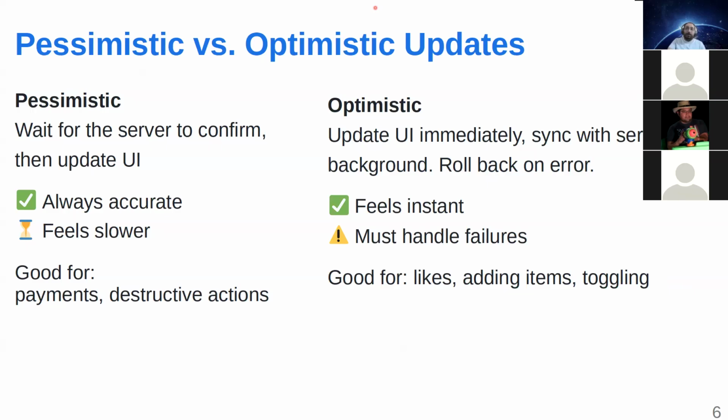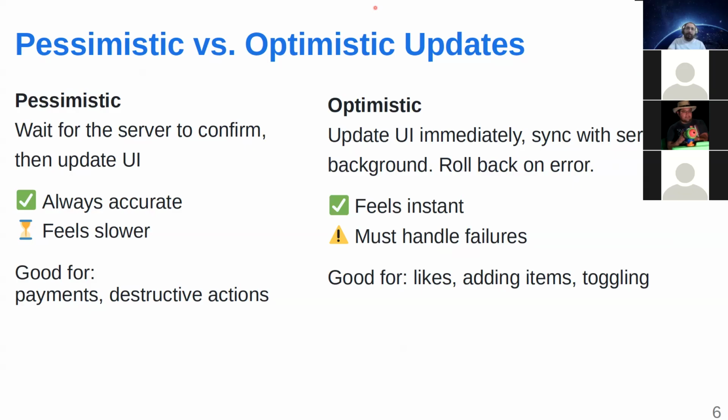It is a good choice for important actions like payments and banking operations, or any modification in our database, like creating a new user or submitting a form with very important fields where we need feedback from the back end.